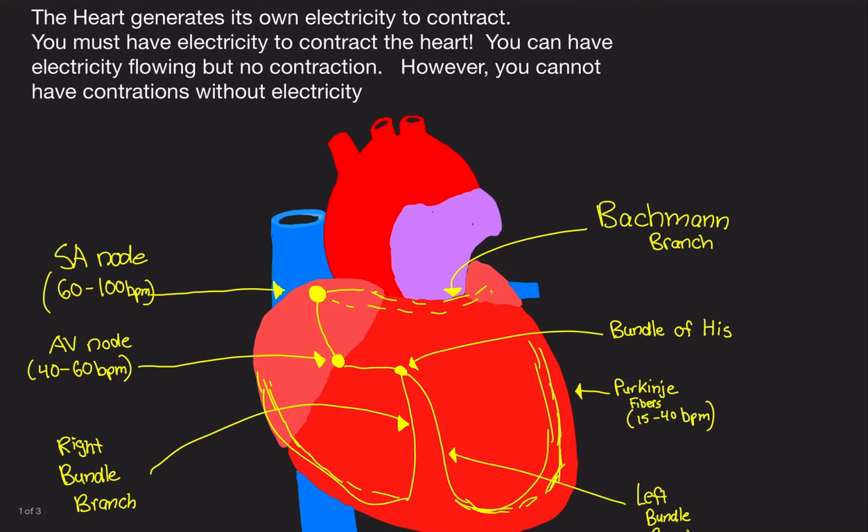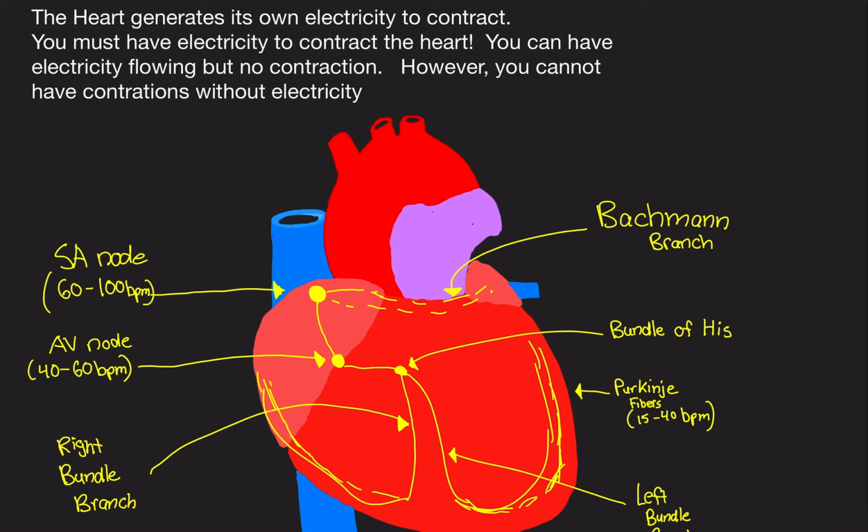Now, for muscle cells to contract, it does require electricity. It is 1000% impossible for these cells to contract without electricity. That being said, it is possible to have electricity but without the muscle cells contracting. What do you mean by this?